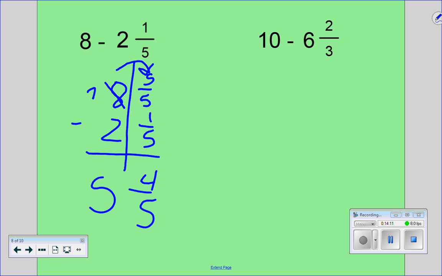I'm going to change that homework up there because I don't like it.